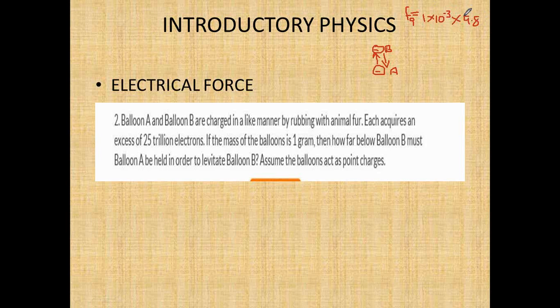And because you're using so many 10 to the this and 10 to the that, don't work it out. Don't simplify it yet, because a lot of these 10 to whatever power are going to cancel out. So the force due to gravity is 1 times 10 to the minus 3 times 9.8, the mass times the acceleration due to gravity. We converted the 1 gram into kilogram. Okay? And that is going to equal the electrical force.